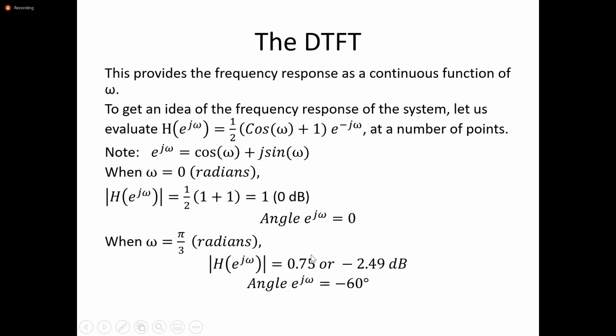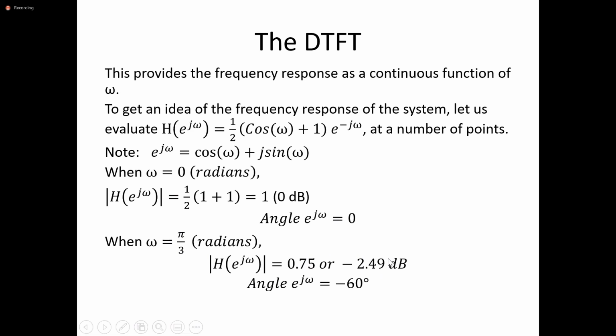So we get a gain of 0.75. In other words, it is actually attenuation. So our signal begins to be attenuated, and at that frequency, that is the attenuation.